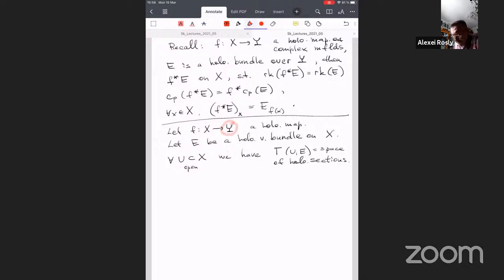So we first try to define something on Y, which probably will play the role of sections of a new bundle.